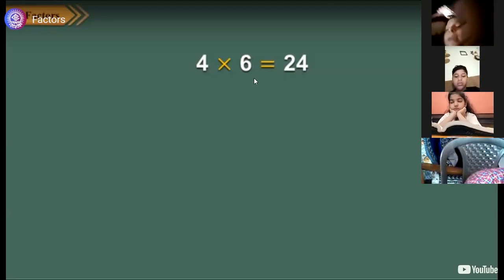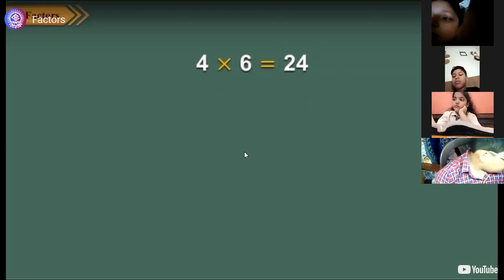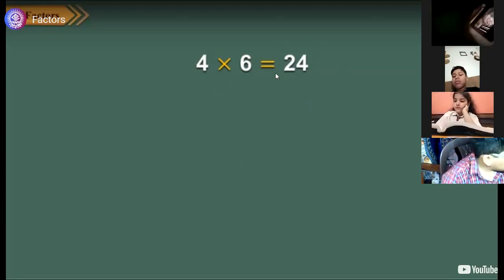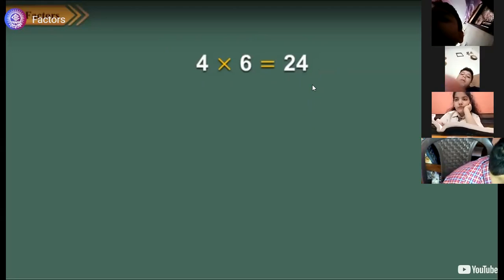Because two numbers are here, 4 and 6 are the factors of 24. And separately, suppose we ask, we can say 4 is a factor of 24 and 6 is a factor of 24, and collectively 4 and 6 are the factors of 24. Beta, it is clear.